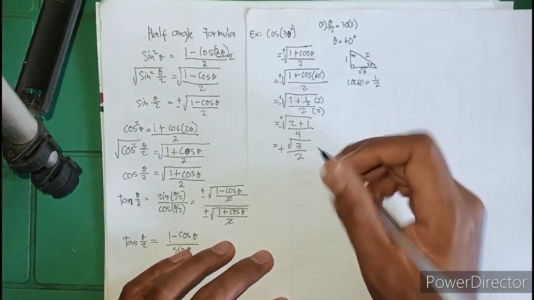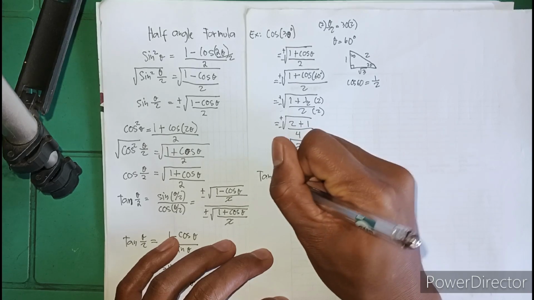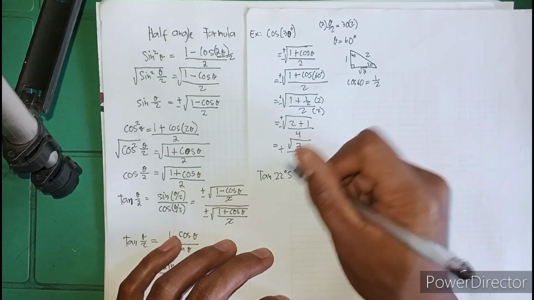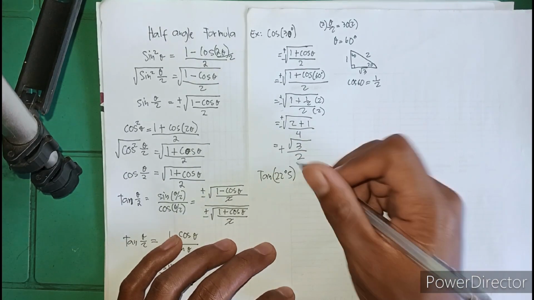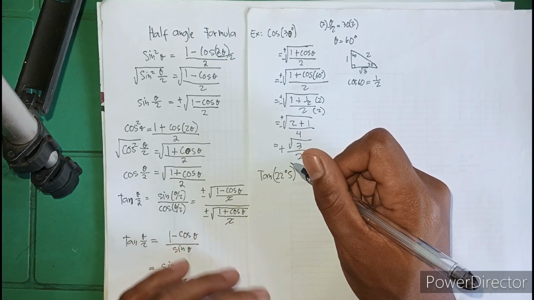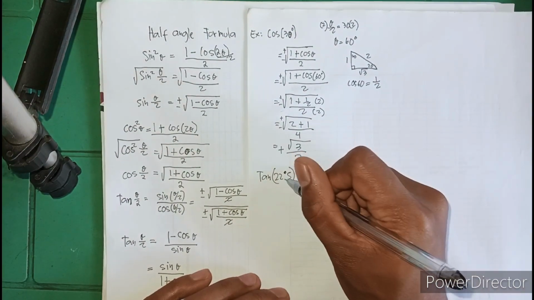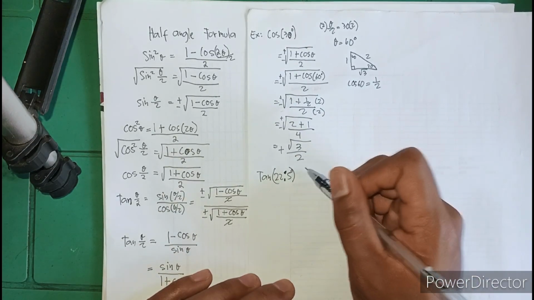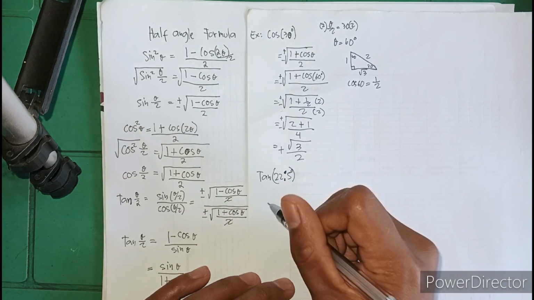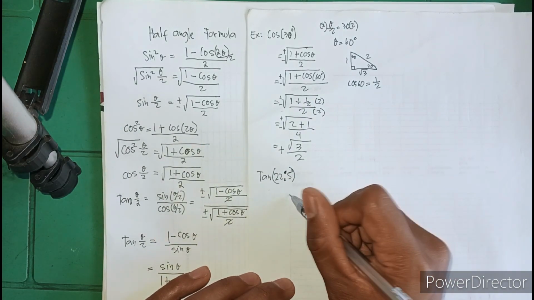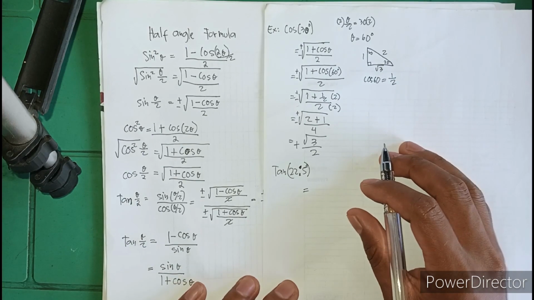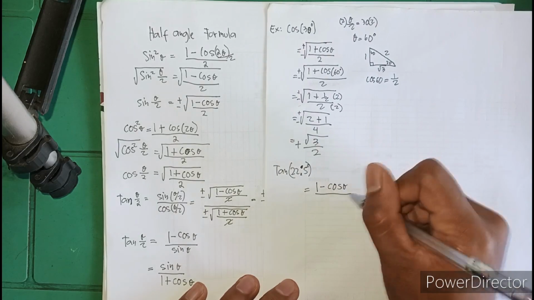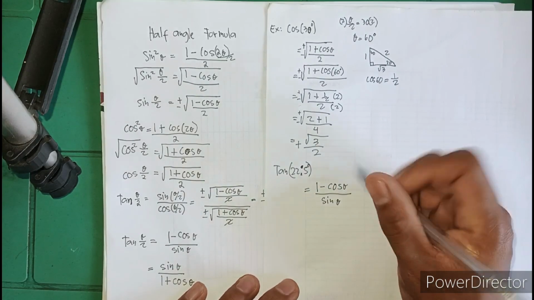So let's have our next problem of tangent 22.5. With that problem, we can use this formula of 1 minus cosine theta over sine theta.